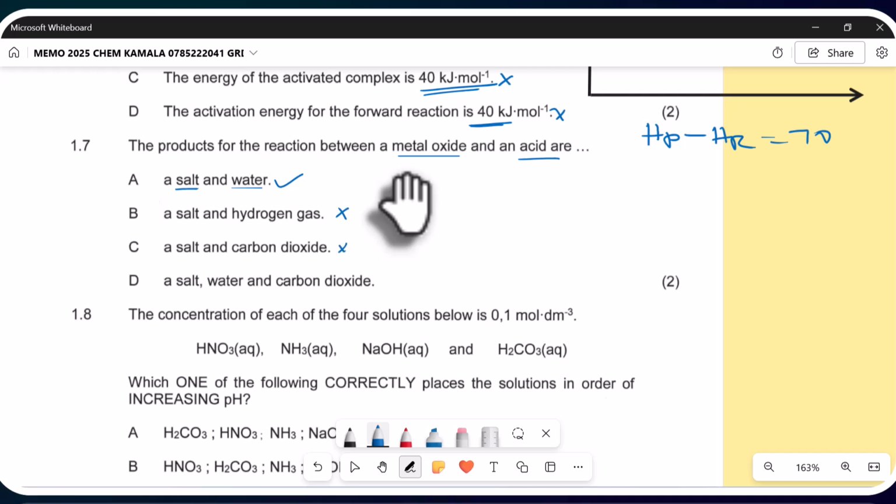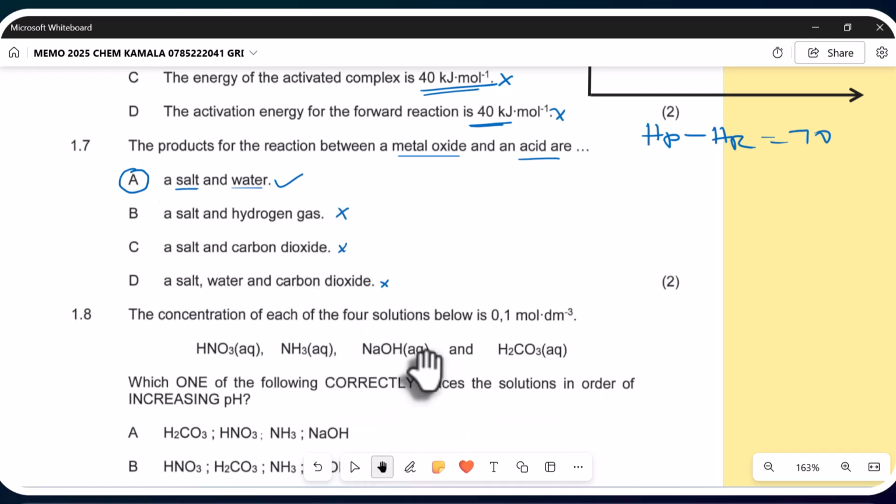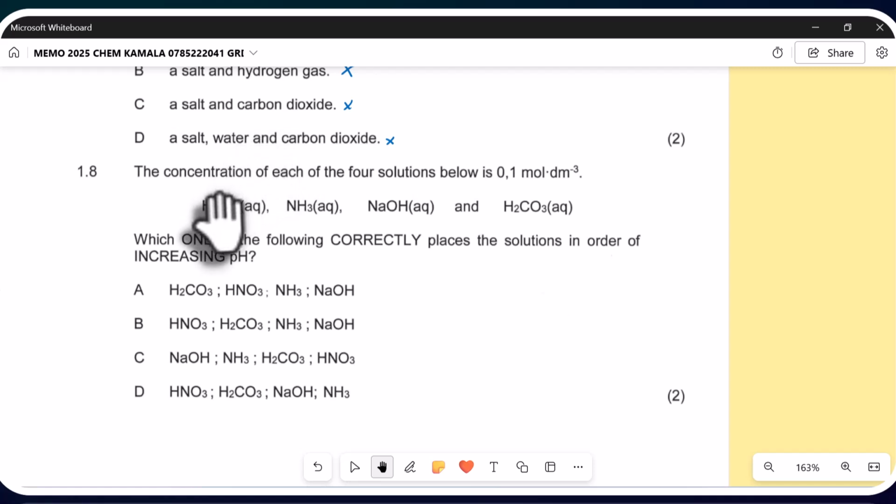And the next question, they say 1.8. The concentration of each of the four solutions below is 0.1 mole per decimeter cubed, meaning the same concentration. Everywhere it is 0.1 mole. Then they ask, which of the following correctly places the solutions in order of increasing pH?